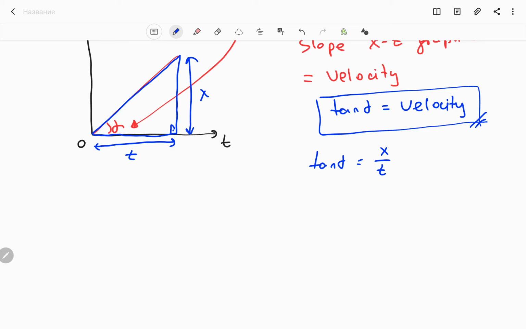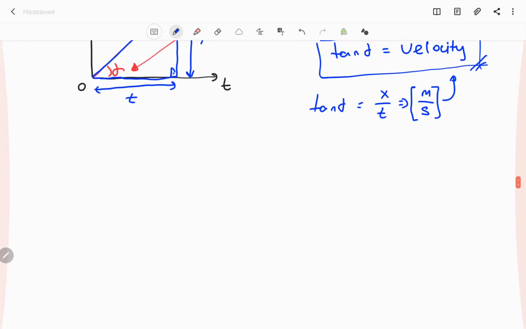So what is x over time? x is in meters, time is in seconds. So we have meters per second, which is velocity. So this is a simple explanation why tangent alpha equals velocity for a position time graph.